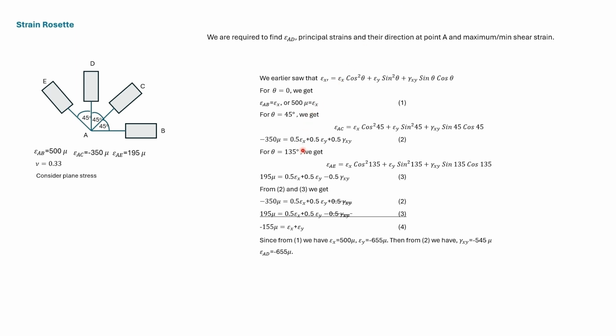We can substitute the values of epsilon x and epsilon y to get gamma xy. Now with AB as the x direction, AD is the y direction. So epsilon AD is epsilon y, which is minus 655 micron.